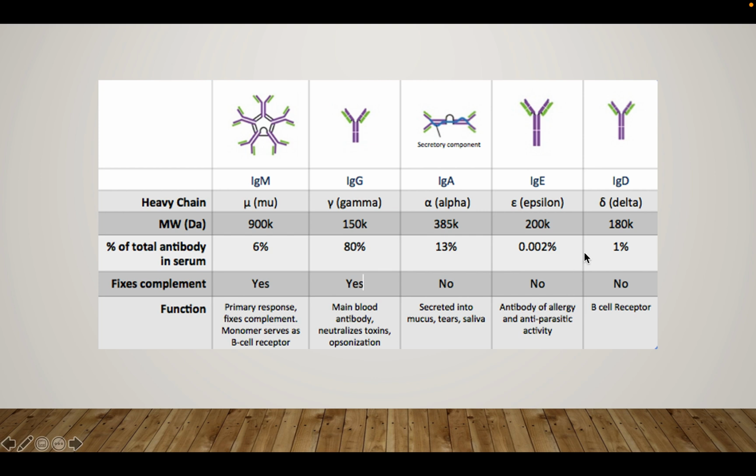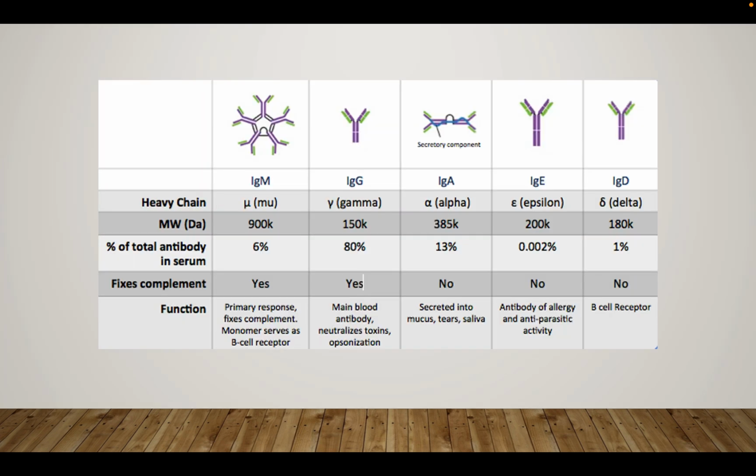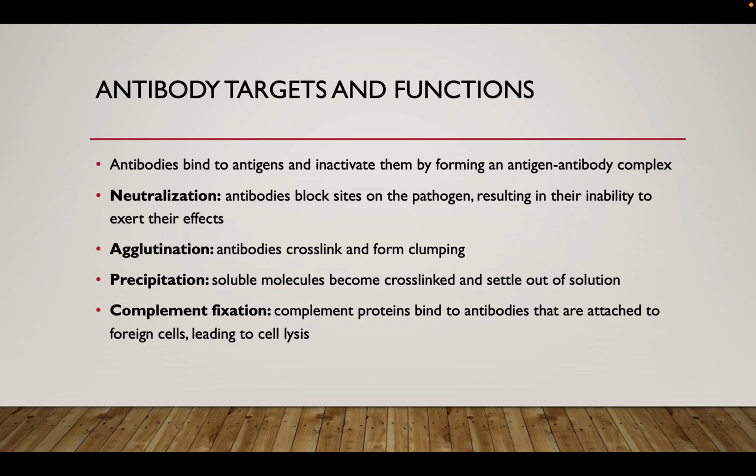You can see their percentages down here, as well as what they are secreted in response to. This bottom portion, function, is basically the same thing we have written right here under our antibody classes.